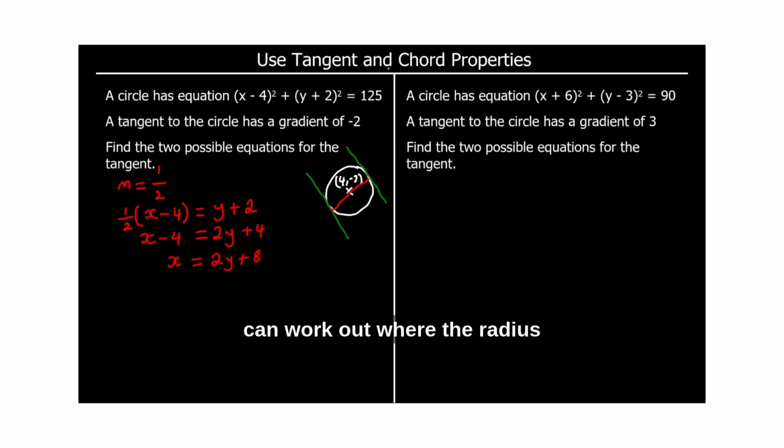I can work out where the radius intersects the circle. So if I solve these two simultaneous equations, I can find these 2 points. So we've got the equation of this line here. We can find out where it meets the circle by solving these simultaneous equations.